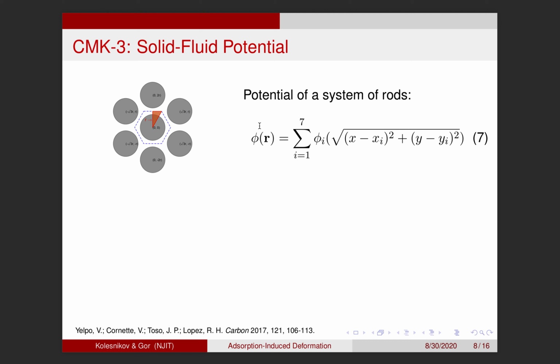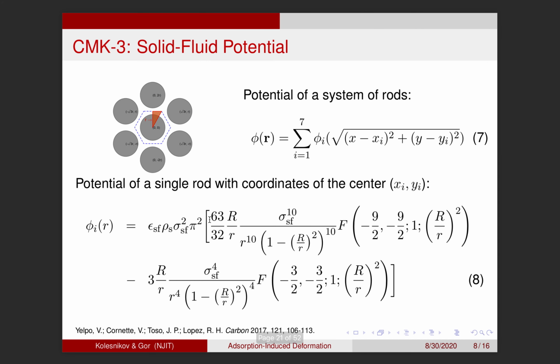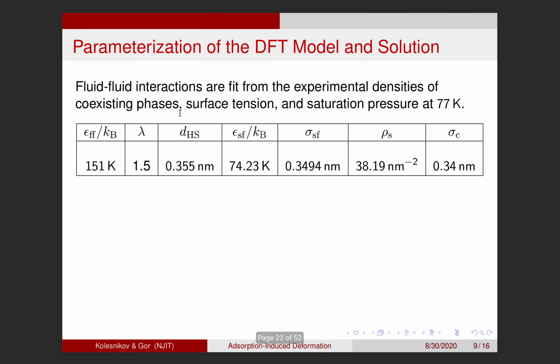So the overall potential is a sum of potentials from 7 rods, and the potential for each of the rods is given by this expression, which is obtained from integration of the Lennard-Jones potential assumed for solid-fluid interactions.